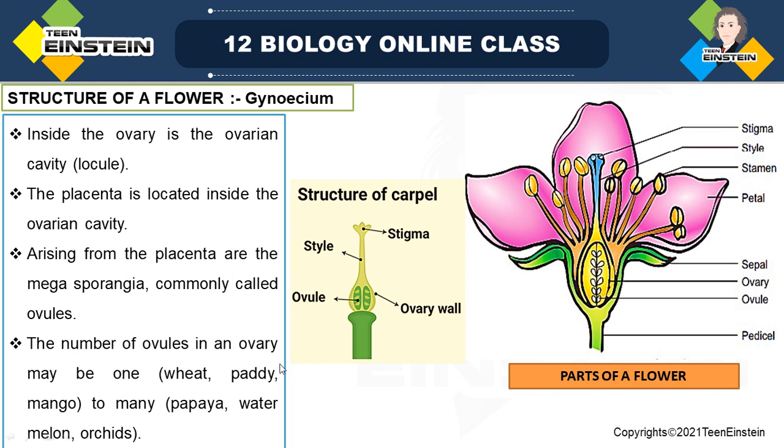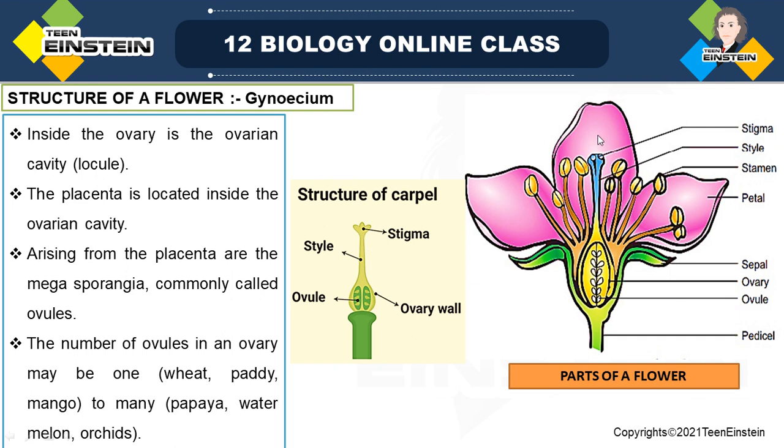Okay. So here in this picture you can see the ovary wall, then inside, the ovules attached to the placenta. Then this is the style and stigma.